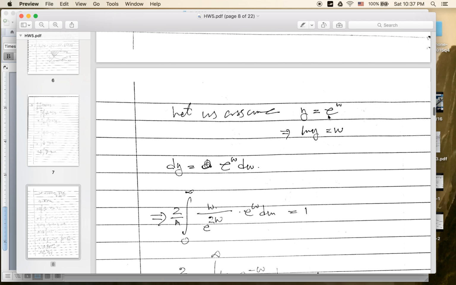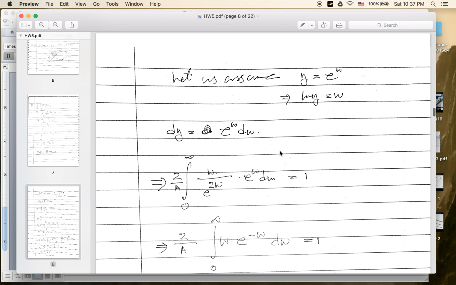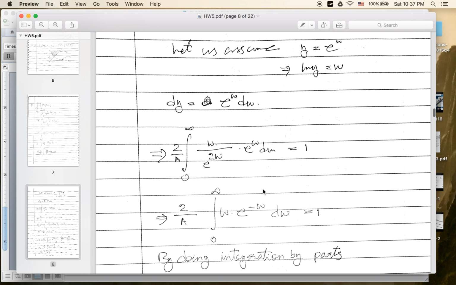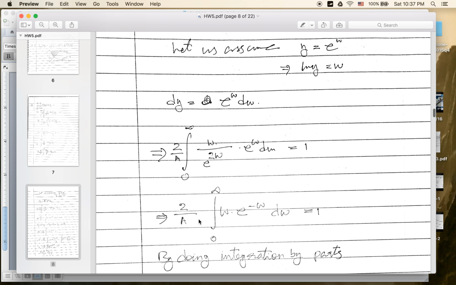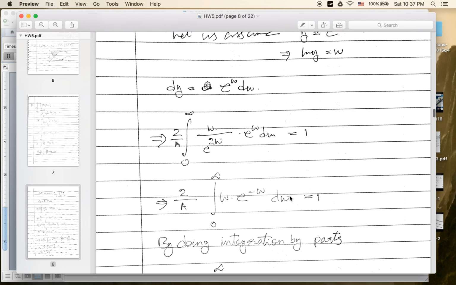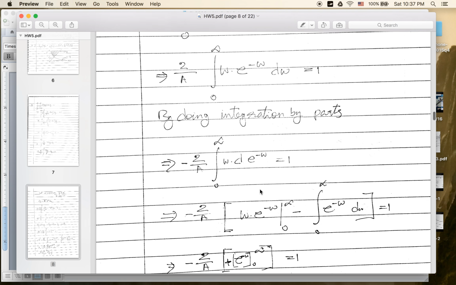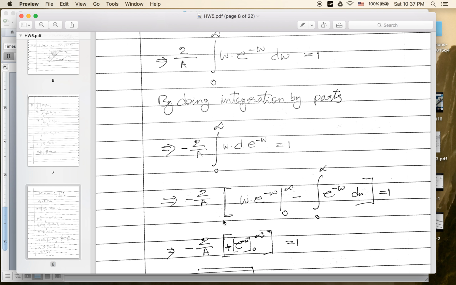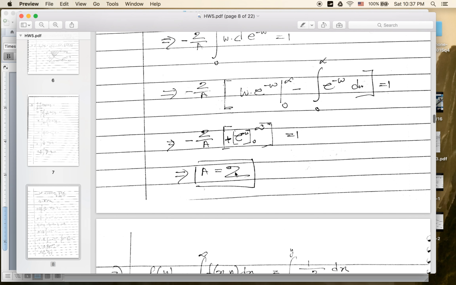We assume that y equals to e power of w, and so ln y equals to w, and so dy equals to e power of w dw. We put these values and get that the integration is 2 by a into integration of 0 to infinity w into e power of minus w dw. So by doing integration by parts, we can get the value of a, which turns out to be 2.